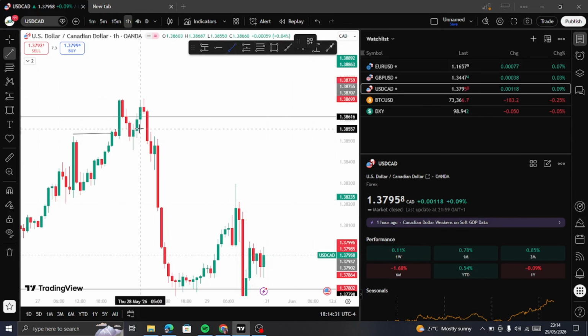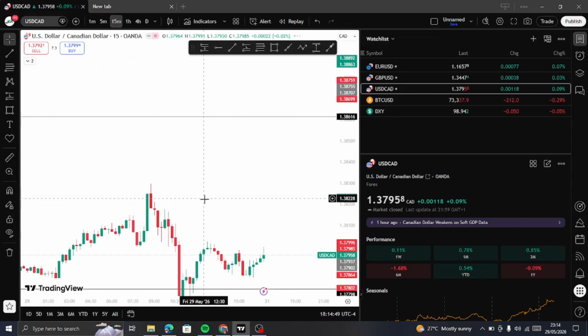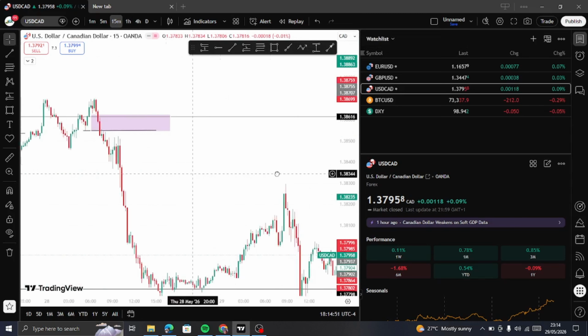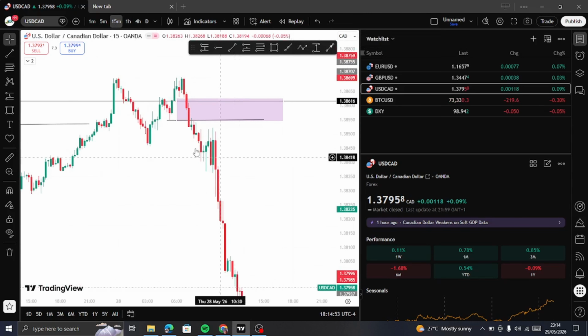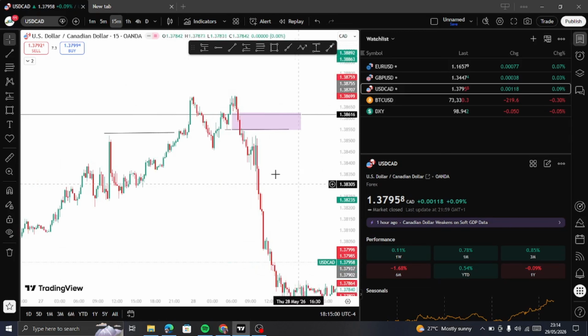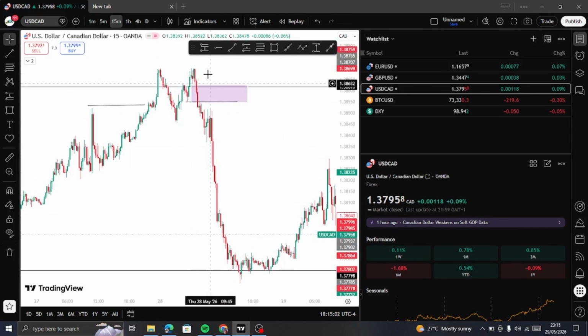I saw a model 1. And there's still a fair value gap here. So I'll go to the 15-minute time frame. You can see the market retraced to this fair value gap and still retraced to this model 1. This gives us an A plus setup.